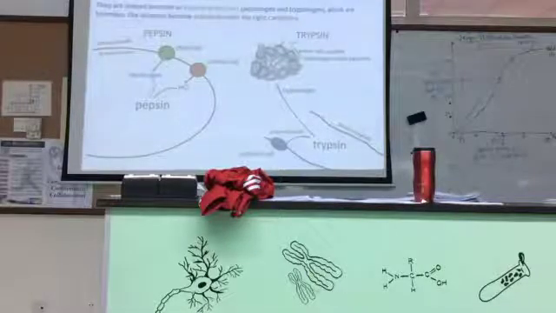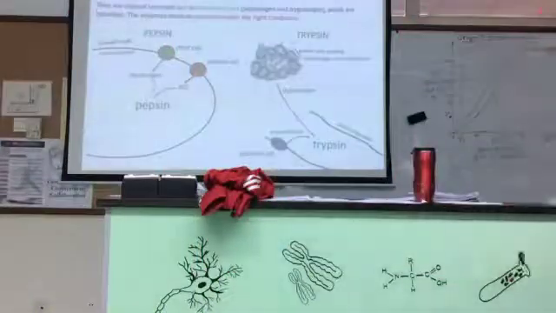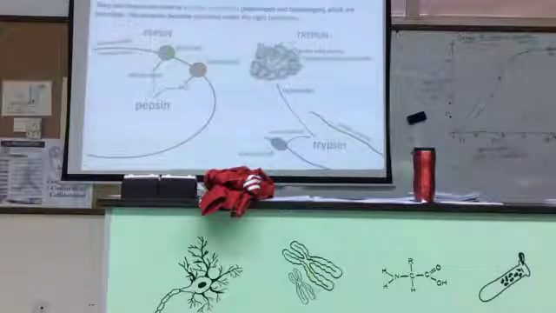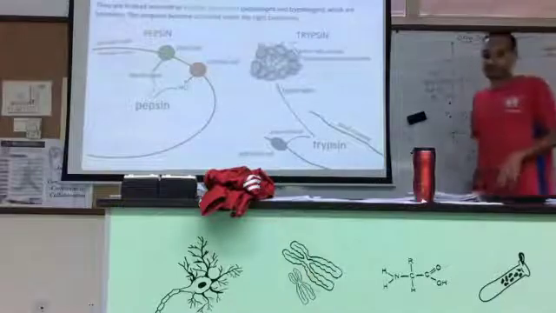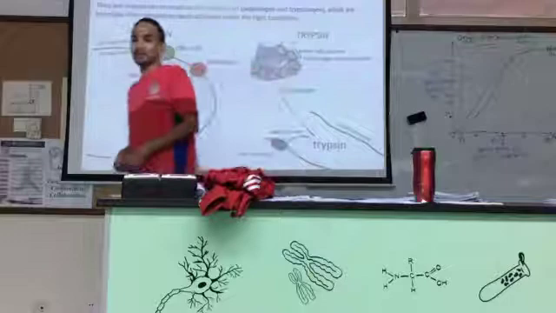Pepsin is the active form of the enzyme. We don't want to release pepsin through a cell because it will start to break down the cell itself. So pepsinogen is released, it hits the acid, and then bam. There's nothing ahead of this, so it's just bam.